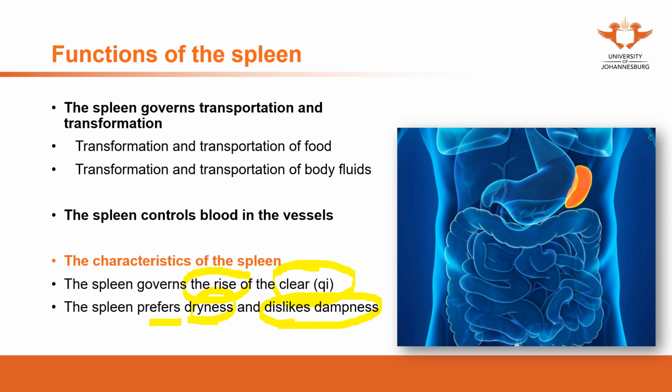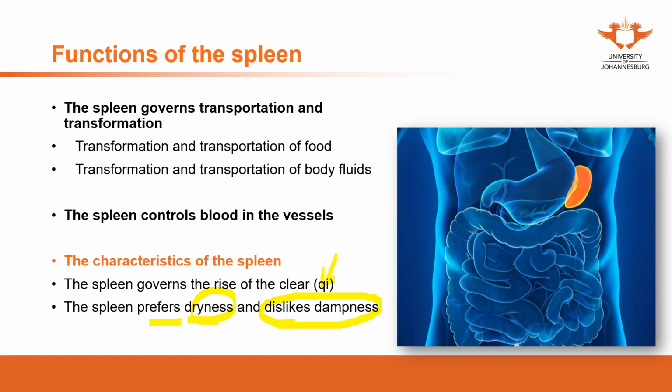If we see dampness in the body, for example, from the tongue, we can see a moist tongue or slippery tongue. In the stool, the patient will tell you it's sticky stool. These are all signs of dampness. The dampness in the body will result in poor spleen function.